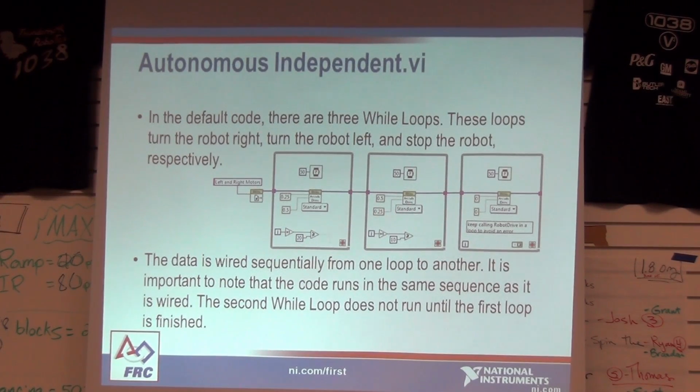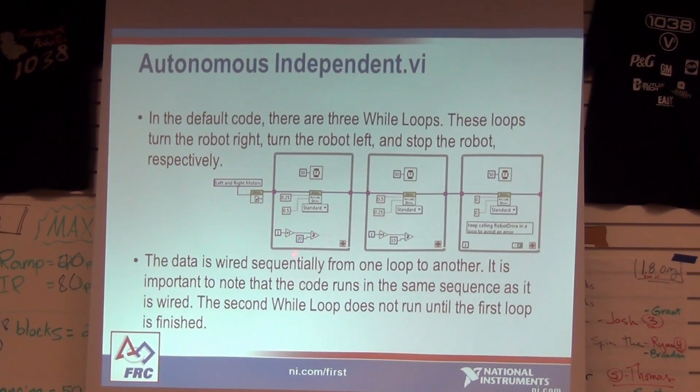So this while loop is going to run for a second. Can you tell how I figured that out? Anybody? 20 times 50. My delay is 50, and I'm going to run it 20 times.